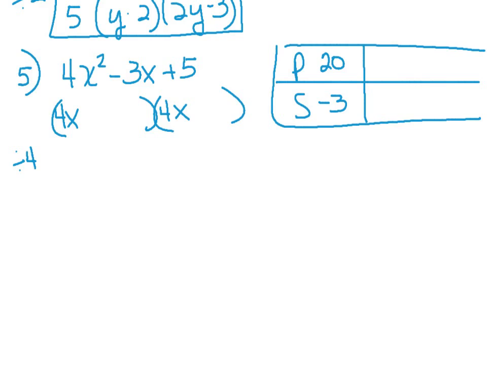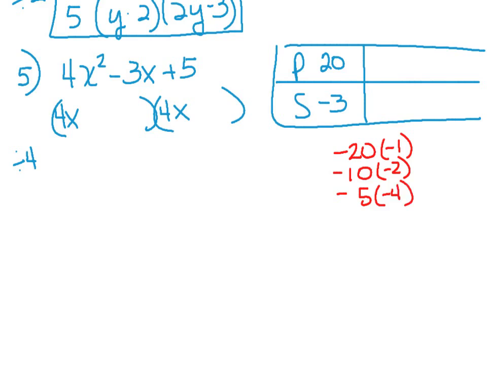Okay, I know that both my integers must be negative. So -20 times -1, that doesn't work. -10 times -2, that doesn't work. -5 times -4 doesn't work.